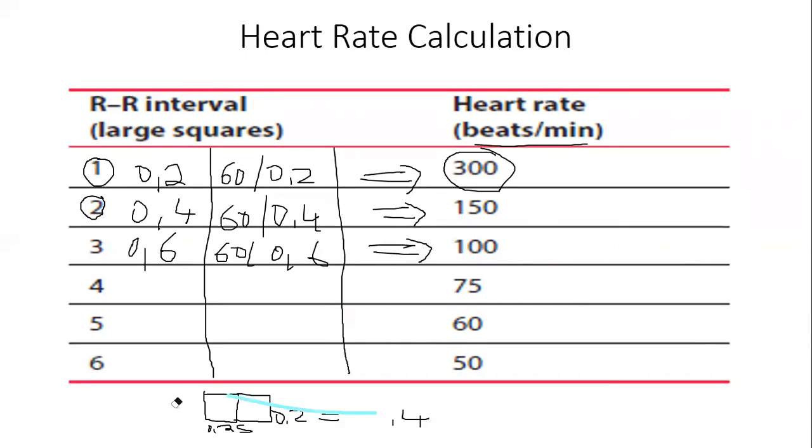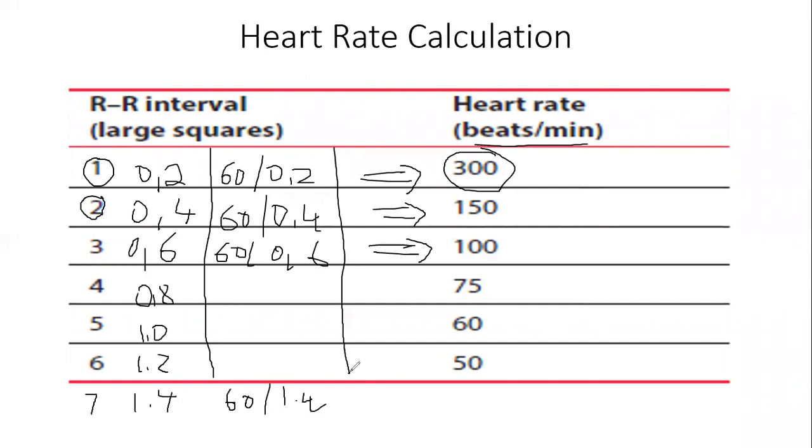Now, if you had 7 boxes, it would be 1.4. So 60 over 1.4 is going to give you about 43 beats per minute or so. So you can work it out depending on how many boxes you have.